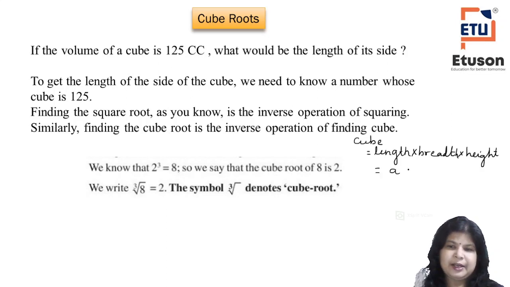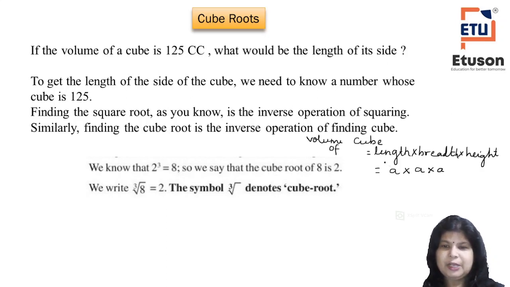So we can write A into A into A, considering A as the side of the cube, which will give you the volume of the cube. So volume of the cube will be a to the power 3, that is a cube. So in order to find out the side of the cube, you need to find a number whose cube is equal to 125 here, right?